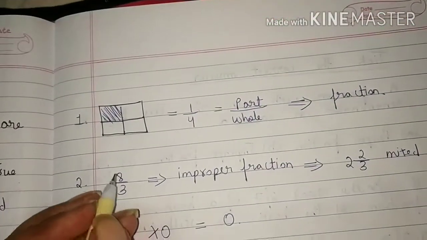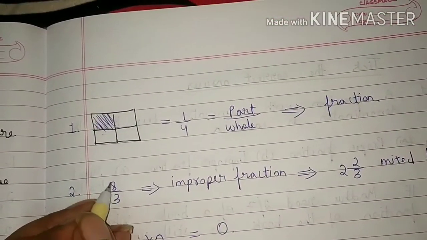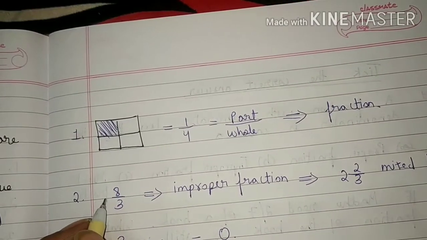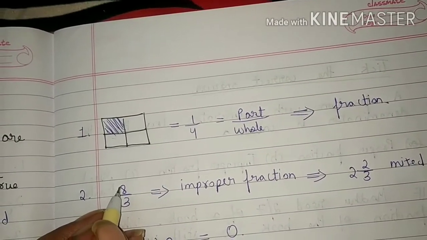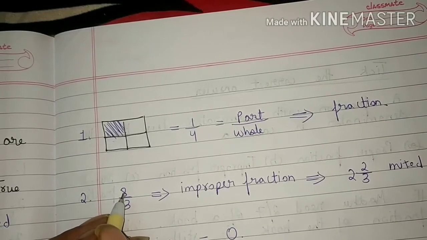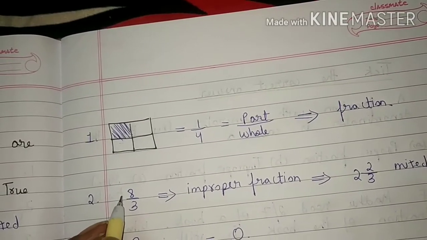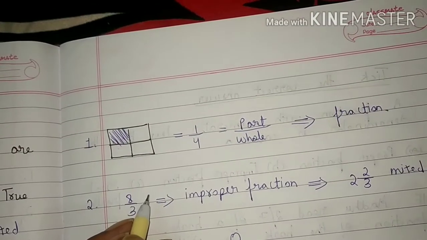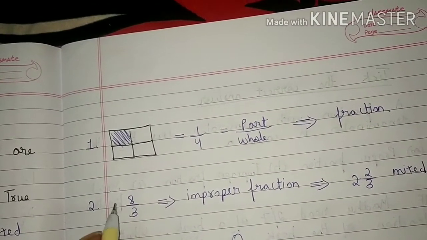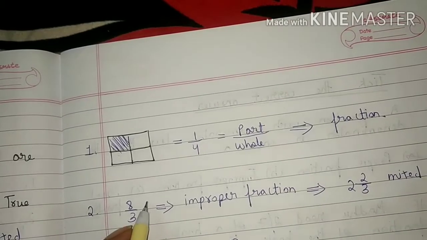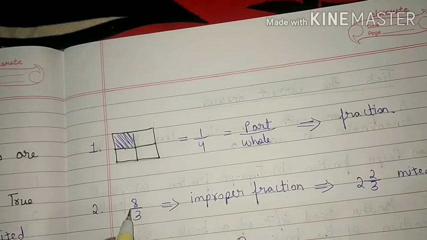Look here. 8 by 3. Students, you can see here numerator is 8 and denominator is 3. Students, here 8 is greater than the 3. It means numerator is greater than the denominator.